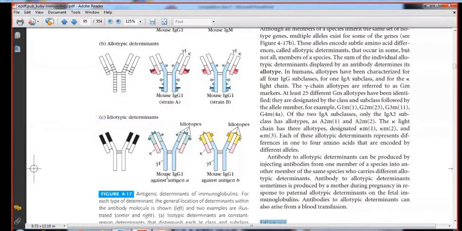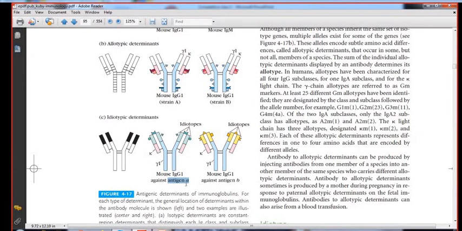So, a mouse can produce IgG1, and the same mouse can produce another IgG1, but you can see against antigen A and against antigen B. Say on day one, today, I am injecting antigen A to a mouse.